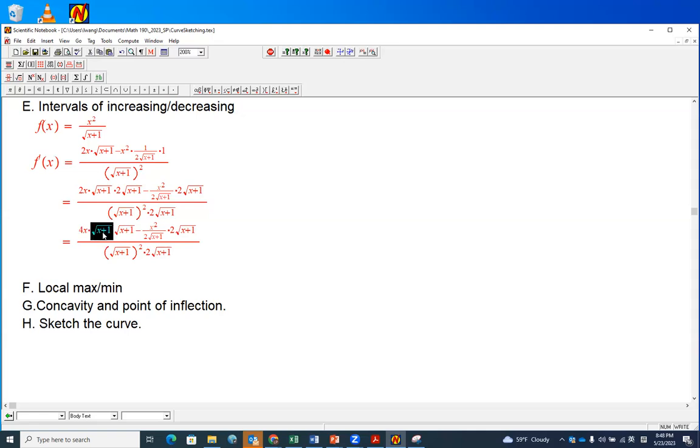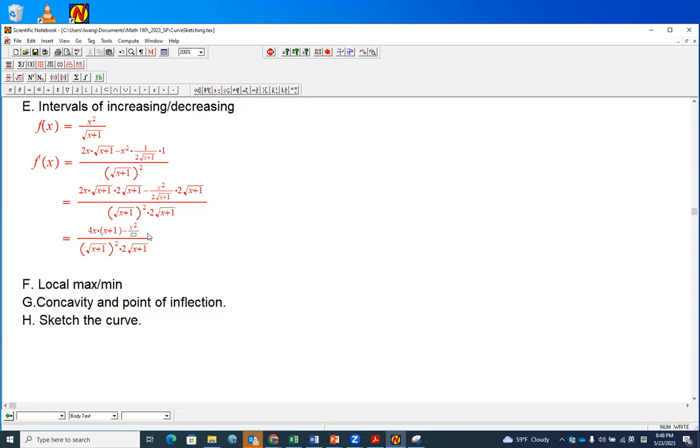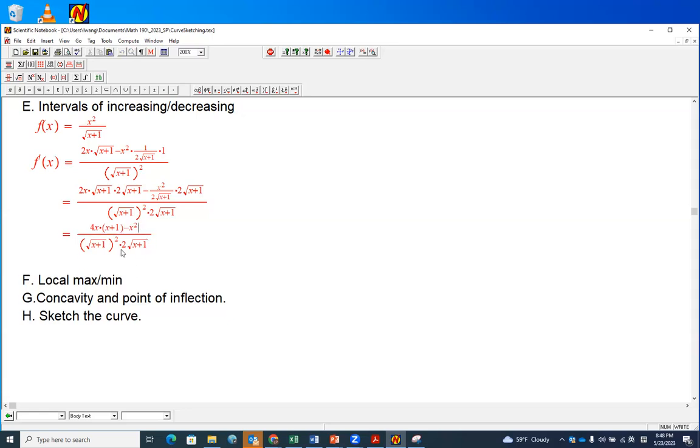And the root x plus 1 times root x plus 1, that's going to be x plus 1. And this piece, we're going to have a reduction, right? So we only have x squared left. For the denominator, you can organize it a little bit and put the 2 in front of it. And this is root x plus 1 squared, and this piece is just x plus 1, right?